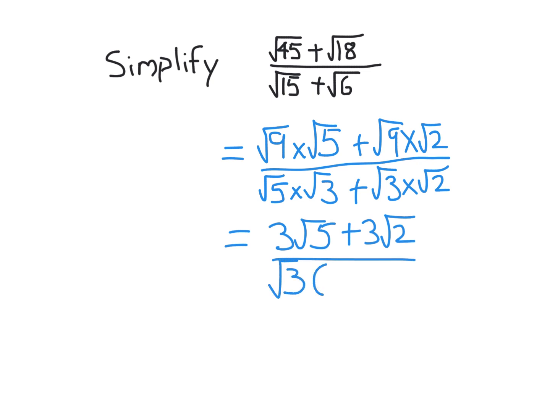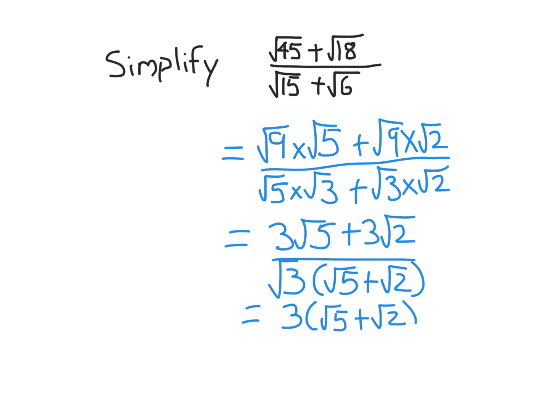So I'm going to take out root 3. It's being multiplied by root 5 to get the first term and root 2 in the second term. Of course, I can factorize this top as well. I can write that by taking out a common factor of 3 as 3 bracket root 5 plus root 2.